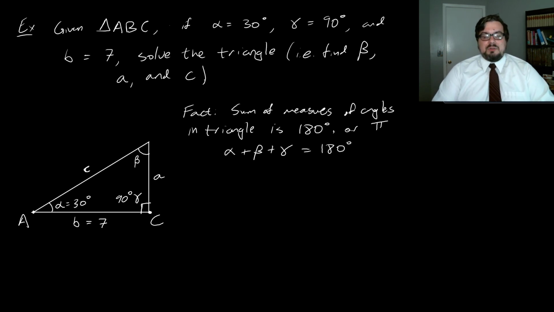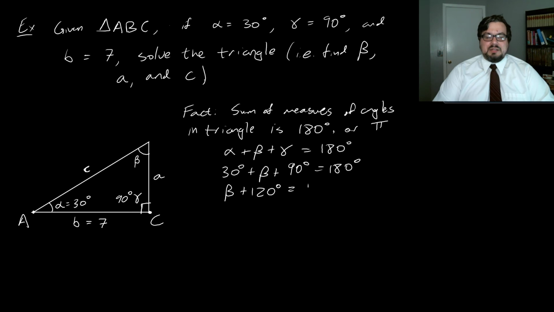So we have that alpha plus beta plus gamma is 180 degrees, but we know that alpha is 30. And we know that gamma is 90. So we have on the left-hand side here, beta plus 120 degrees is 180 degrees.